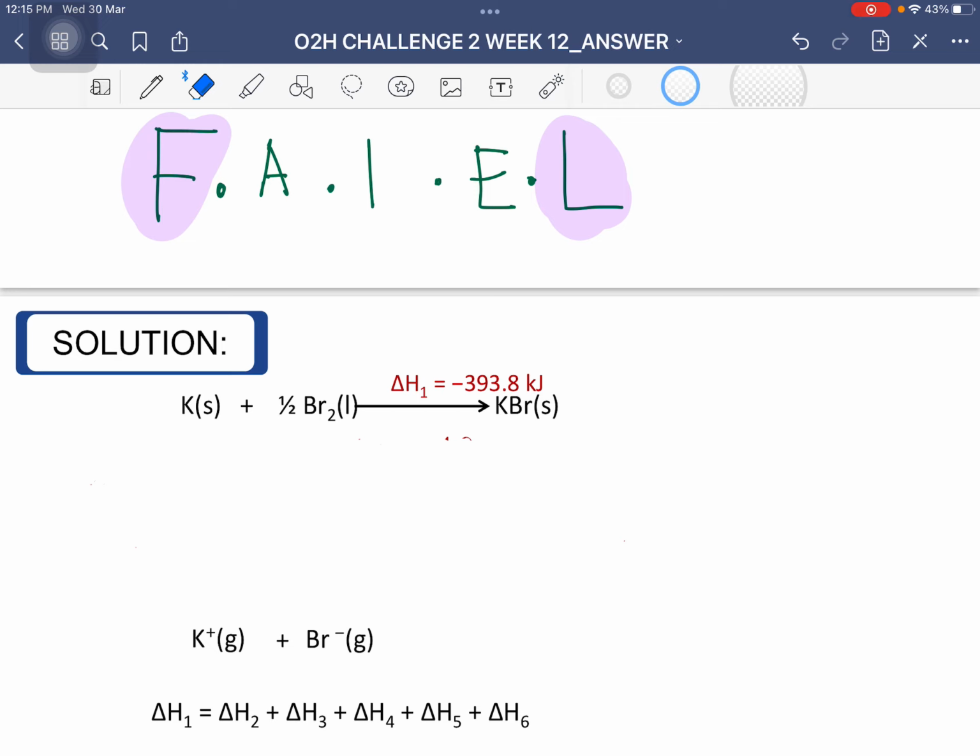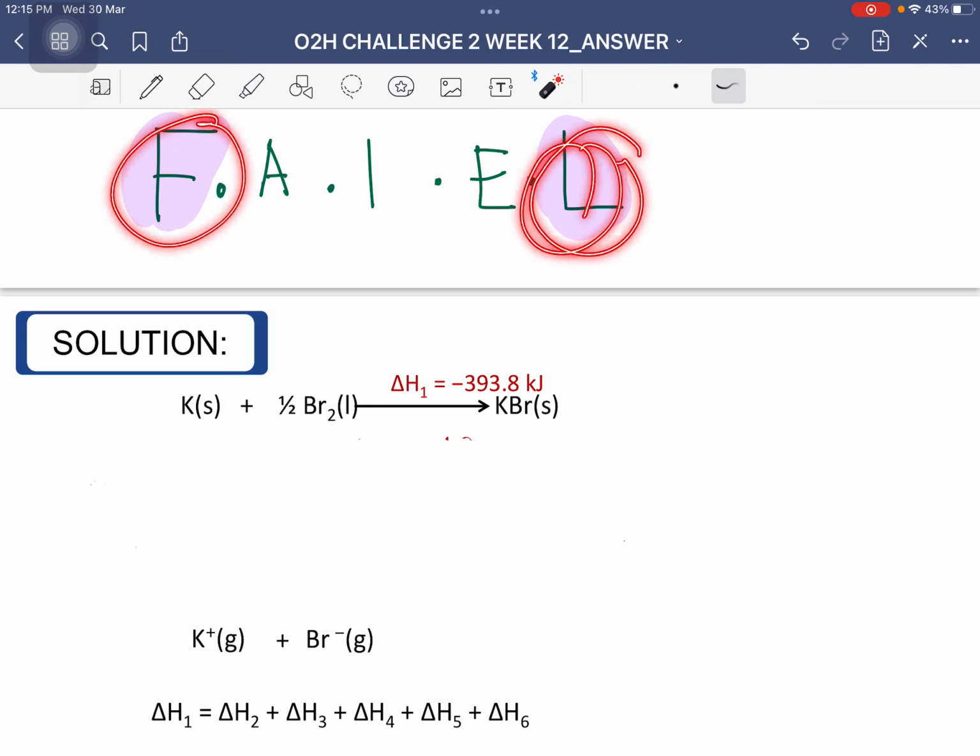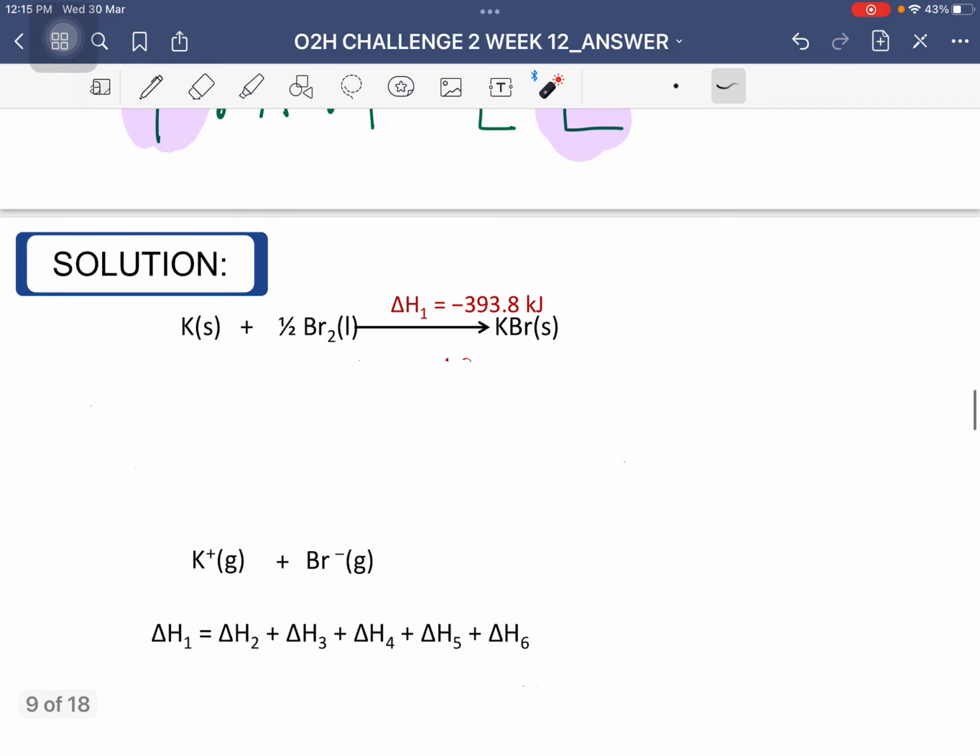Okay, next. So bila kita dah buat formation, kita buat lattice pula. Okay, formation done and then lattice. Okay, how to make lattice? Lattice is the gaseous ion that form ionic solid. Okay, maksudnya dia dekat sini ion. Macam mana kita nak form KBr from its ion?